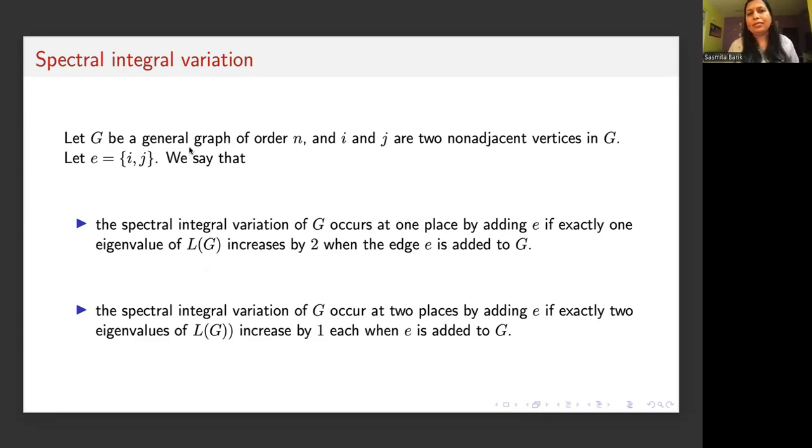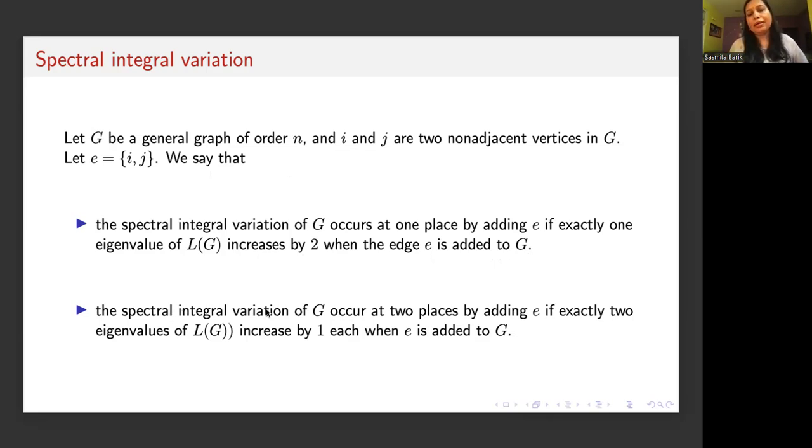But here let us take simple graphs only. So G is a graph of order n, and i and j are two non-adjacent vertices. Then we say that the spectral integral variation of G occurs at one place by adding the edge E if only one eigenvalue increases by 2 when we add E to G.